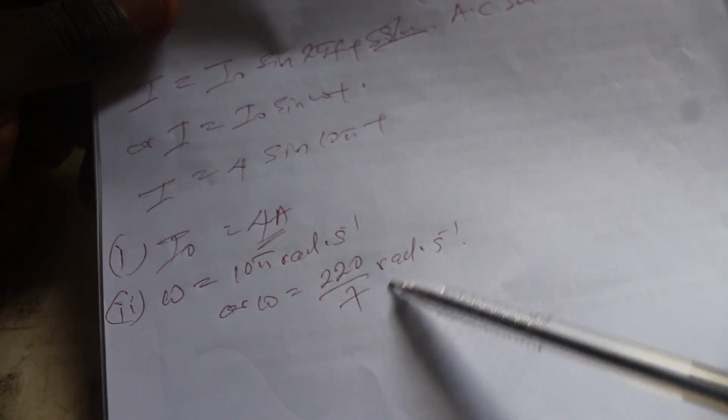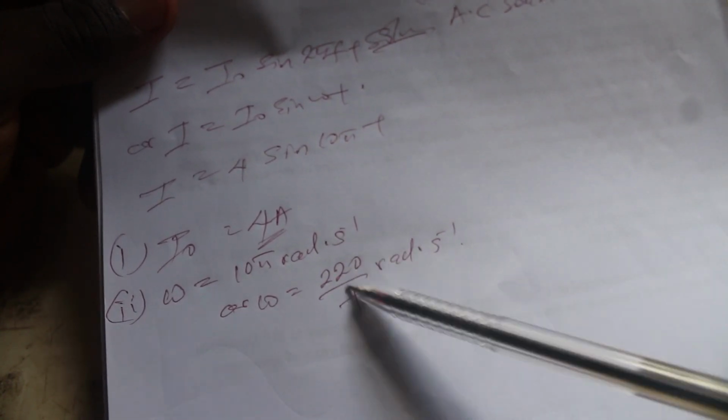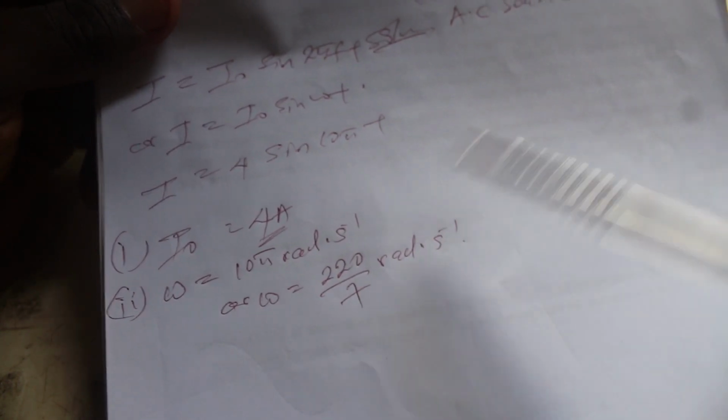Any one of them is fine. If you want a decimal, you divide this by 7 and you get your answer.